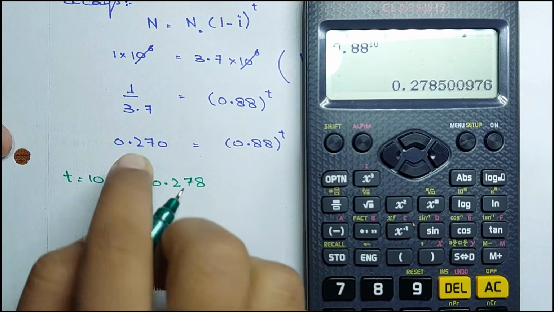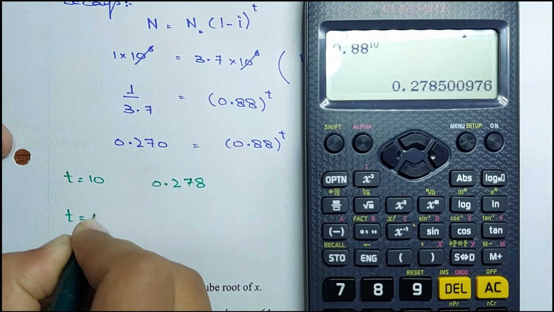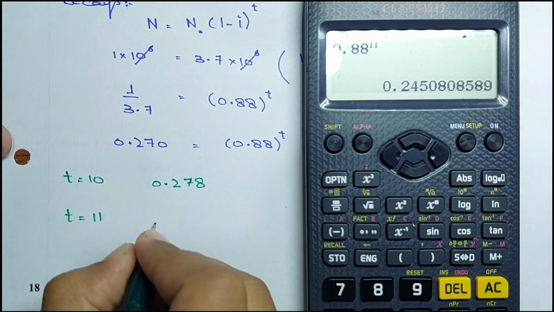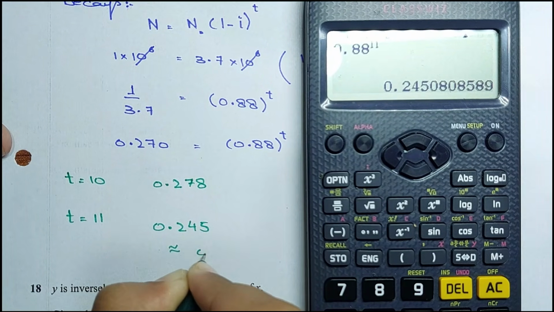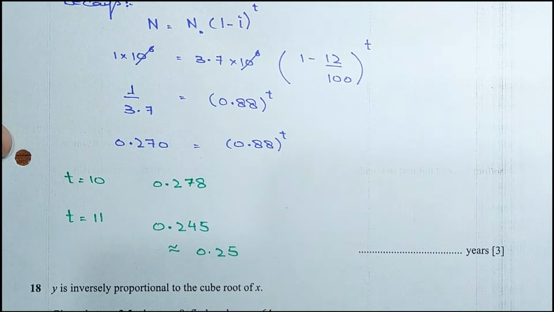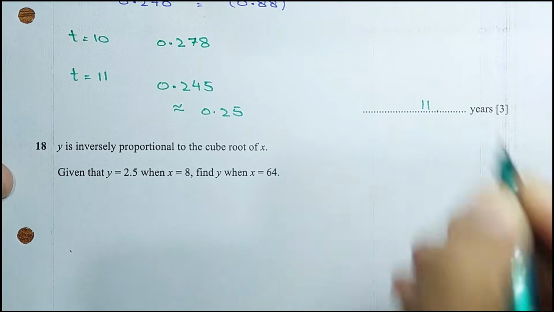It is more. You can see we need 0.270. At t equals 11, 0.88 to the power of 11 is 0.245, so it is rounded to 0.25, so it is closer, right? So we can say the number of complete years t would be equal to 11.